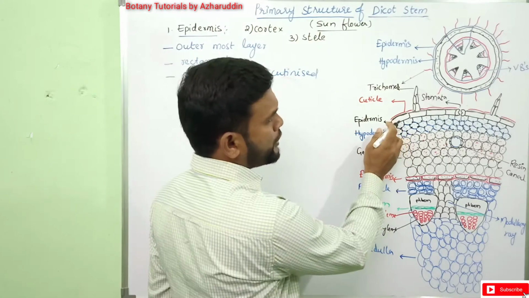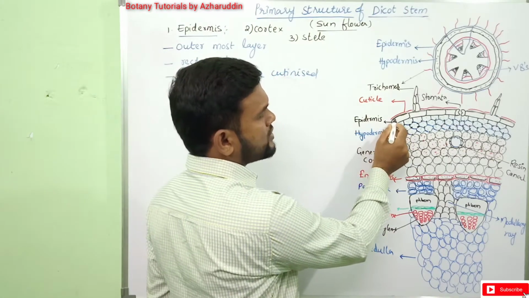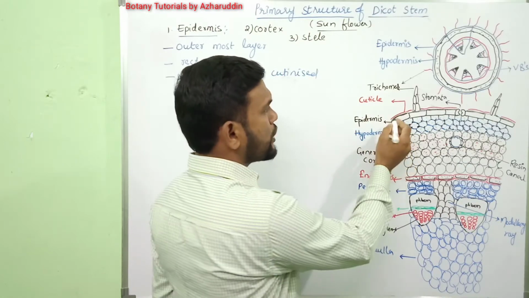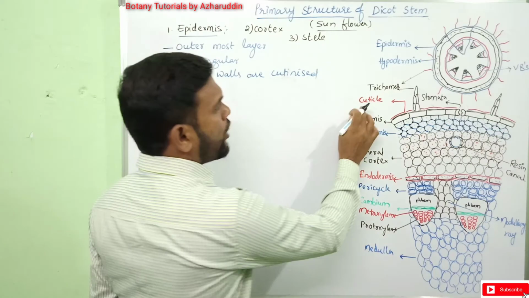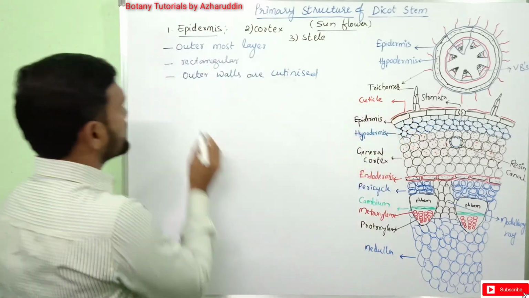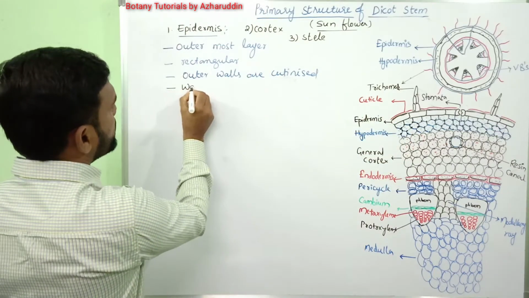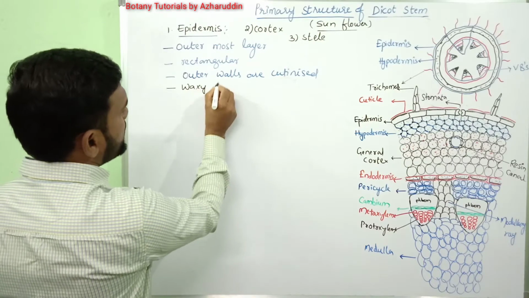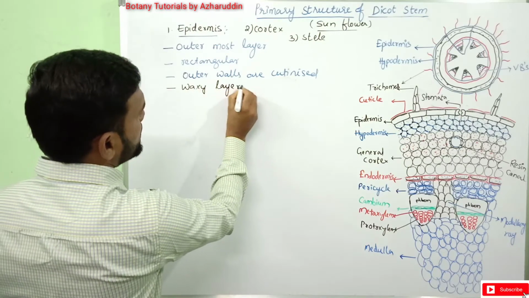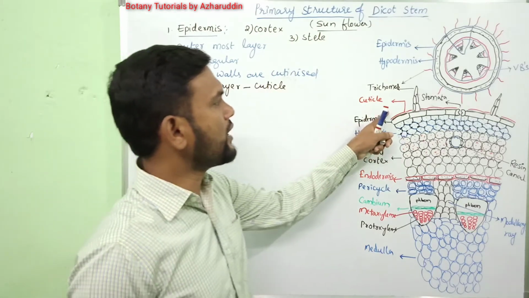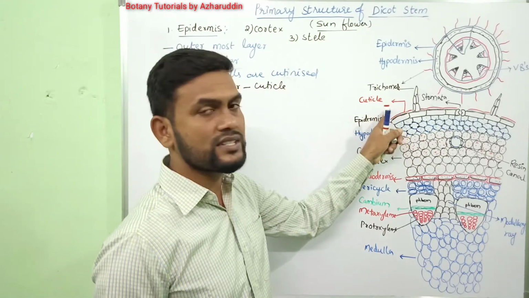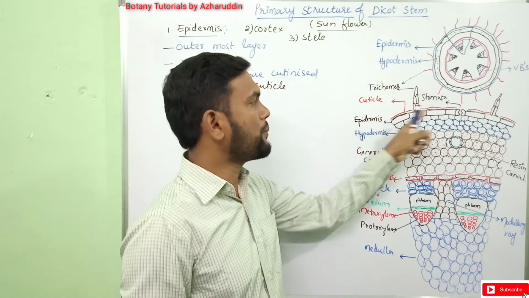Compared to their inner walls, outer walls are thickened because cutin is deposited on them. Next, outer to the epidermis, there is a waxy layer. That waxy layer is called cuticle. That means cuticle is a waxy layer which is present outer to the epidermis.